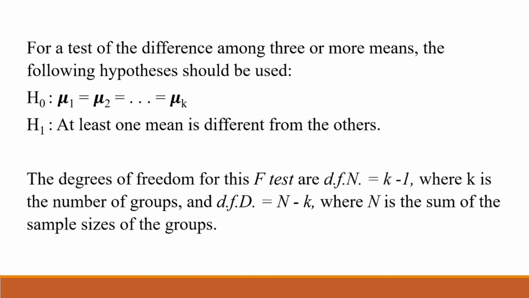So, the degrees of freedom for this F-test are: the degrees of freedom in the numerator is equal to k minus 1, where k is the number of groups, and the degrees of freedom in the denominator is equal to n minus k, where n is the sum of the sizes of the groups.